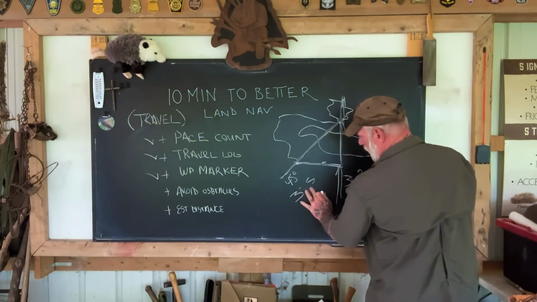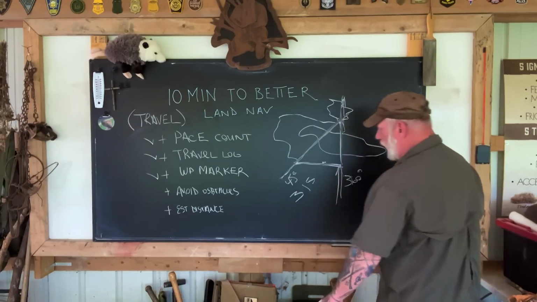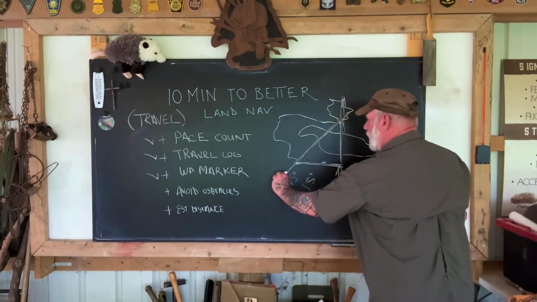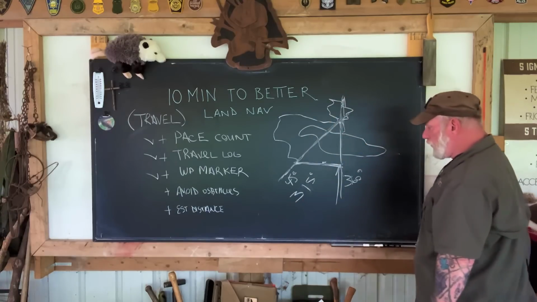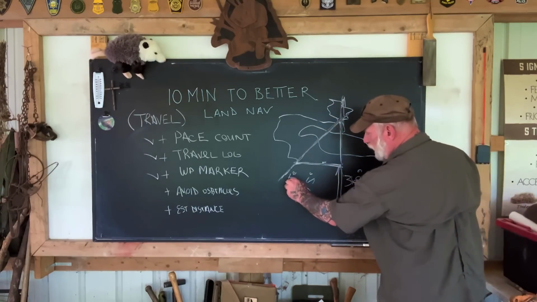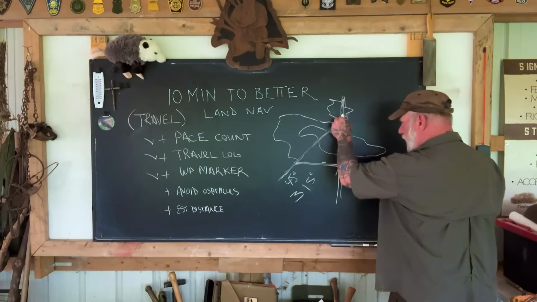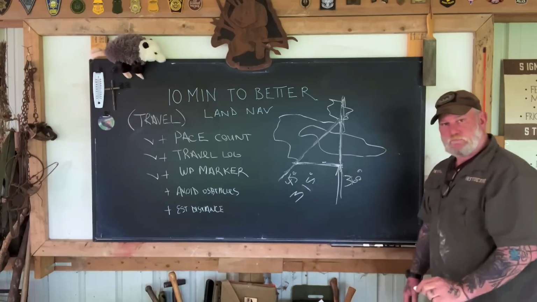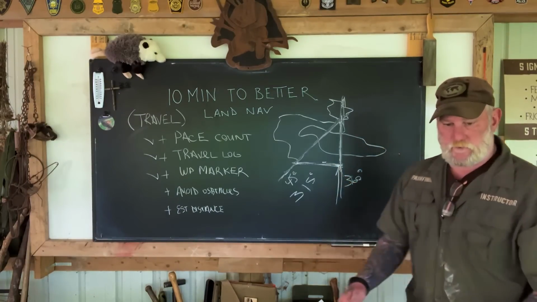No. 315? Yes. 315 degrees. So when I get over here and I shoot my azimuth back to this tree, and I've got 315 degrees on my compass, now I made a 45-degree angle from this to this, and now this distance is the same as this distance. A little more complicated, still simple math.